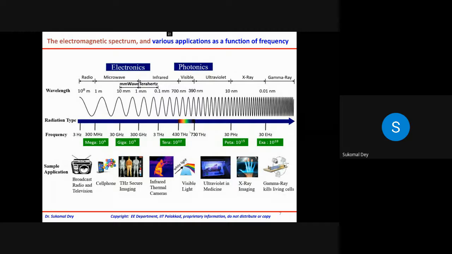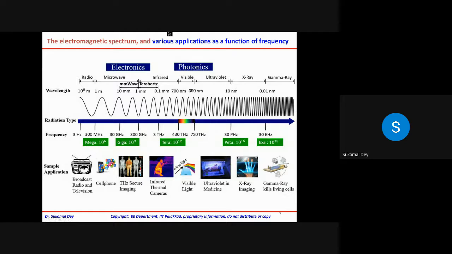The electromagnetic spectrum is divided and subdivided into different zones, and each zone has different applications. This image shows an increase in frequency from left to right, and you know that frequency is inversely proportional to wavelength, so there is a decrease in wavelength as you go from left to right.